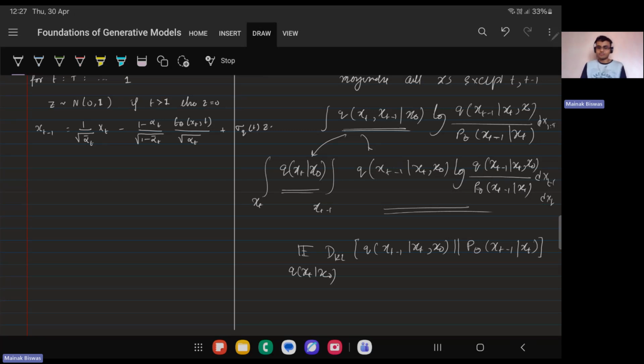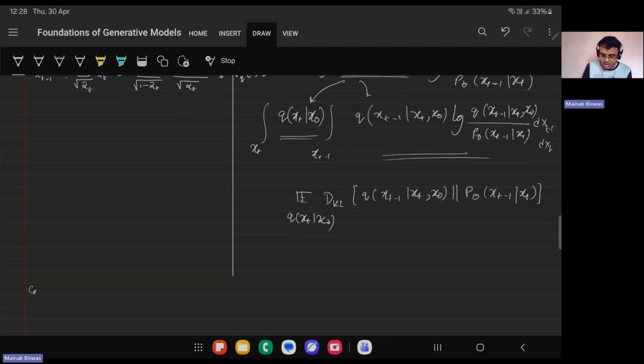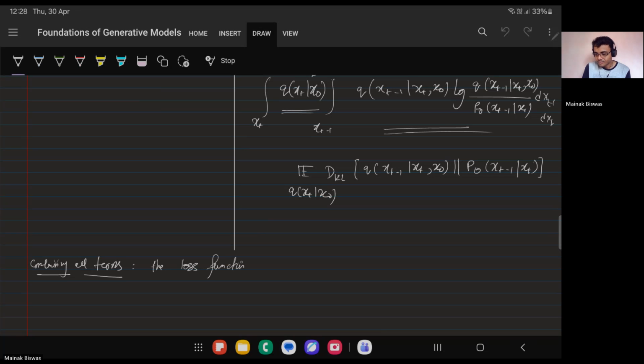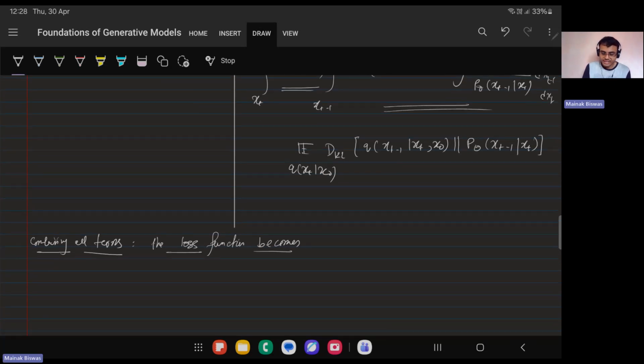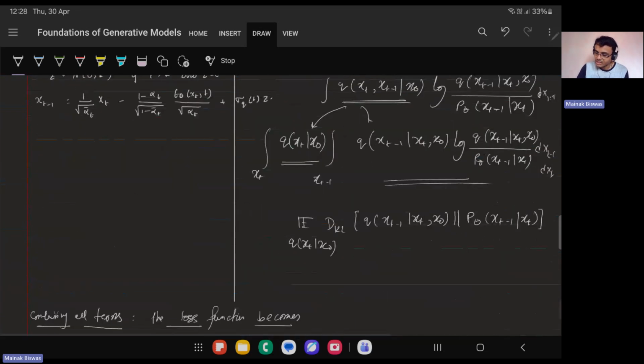Okay, so now combining all terms, the loss function becomes very simple. We will have this term and we have a sum of these terms.